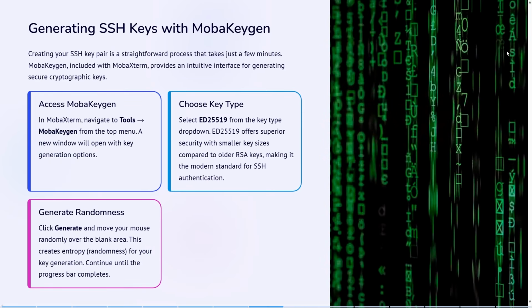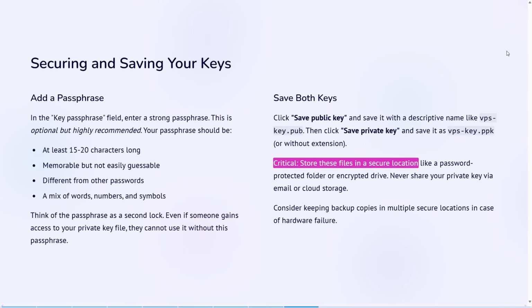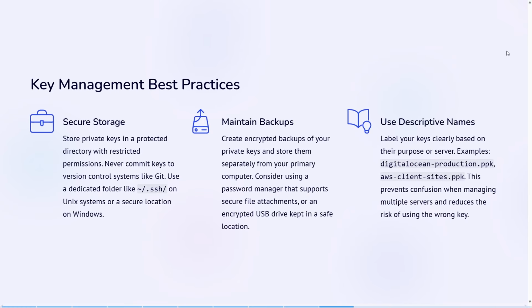So I've already shown how you can generate SSH keys with MobaKeyGen. Very simple process. And then just make sure that you save your public key and the private key very securely. And apart from that, always use a strong passphrase in addition to the SSH keys. So these are some best practices for managing your keys.